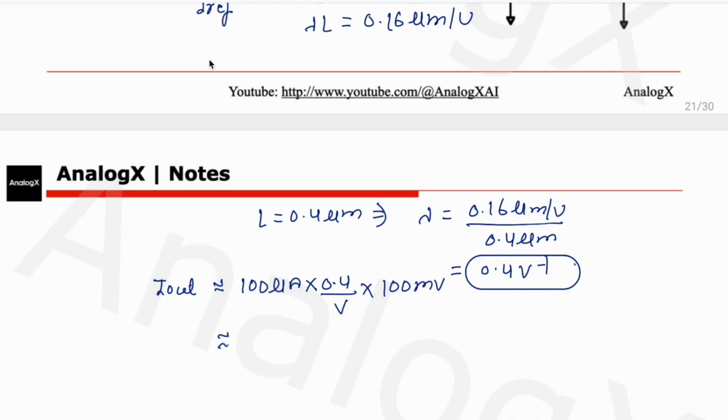So this will come as 4 microampere. This will be 0.4 times 100 microampere multiplied by 0.1 volt, so that will come as 4 microampere.